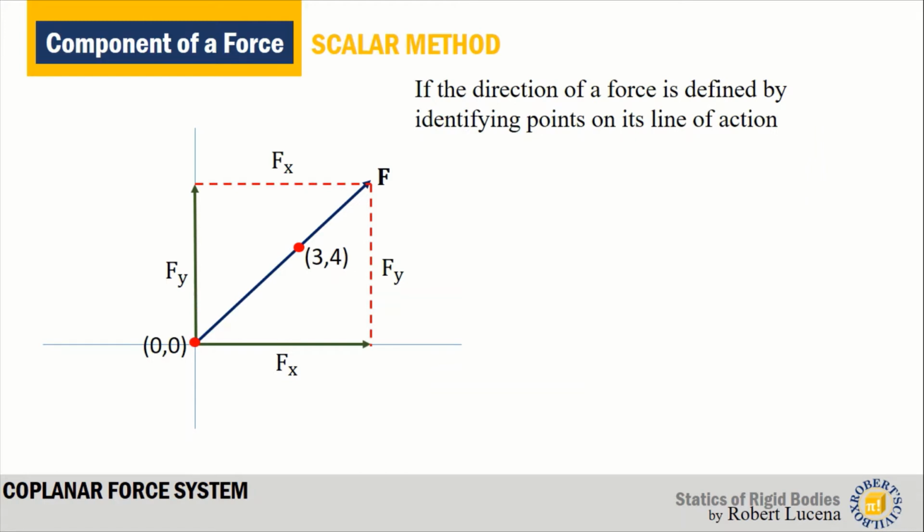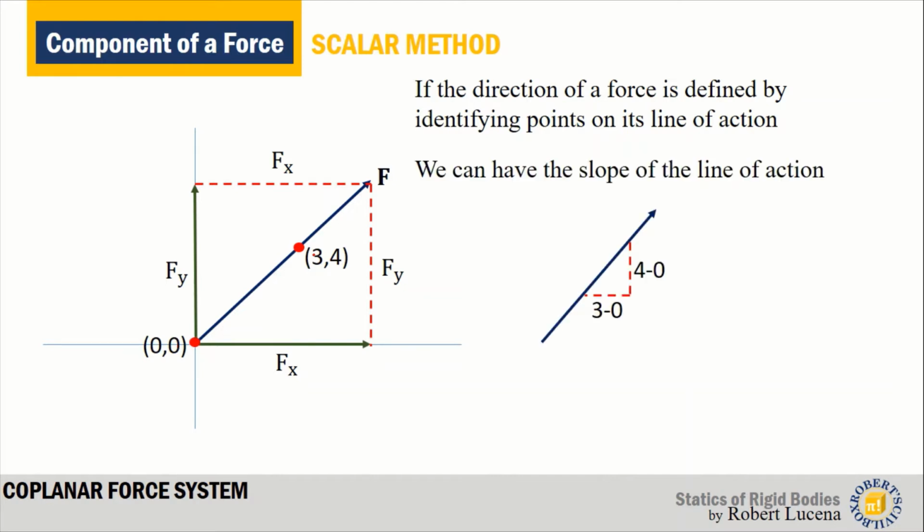Now let's proceed. If a force passes through certain points, the direction of the force is defined by two points. So we have here a vector F that passes through (0, 0) and (3, 4). By analyzing the slope of the line of action, we have the slope as 4 minus 0 over 3 minus 0, so that is 4 over 3. This can be analyzed in a triangle.